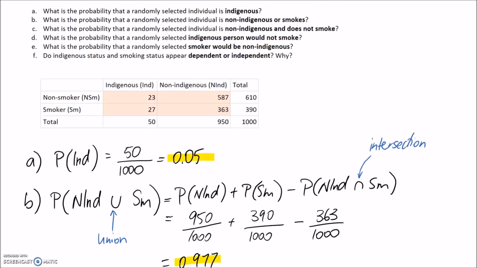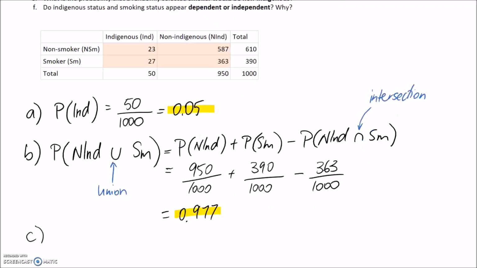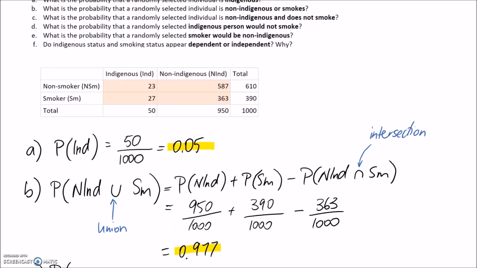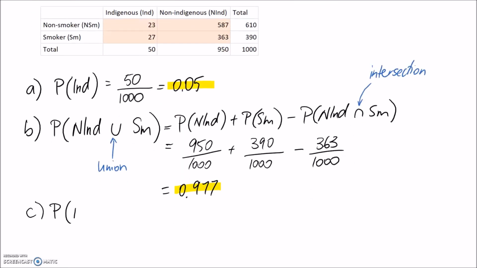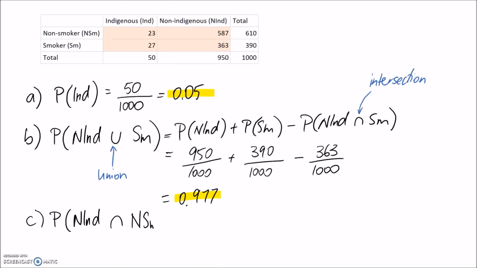Alright, so the next one is part C. So what is the probability that a randomly selected individual is non-indigenous and does not smoke? So this one is an AND, which is like an intersection question. Okay, so non-indigenous and not smoking. Sorry, probability not indigenous, and, sorry, does not smoke, so NSM.